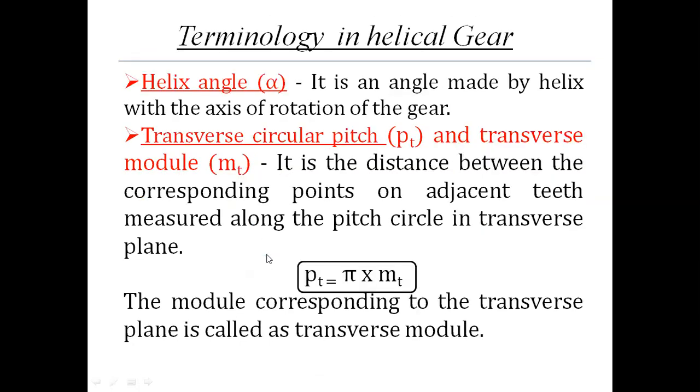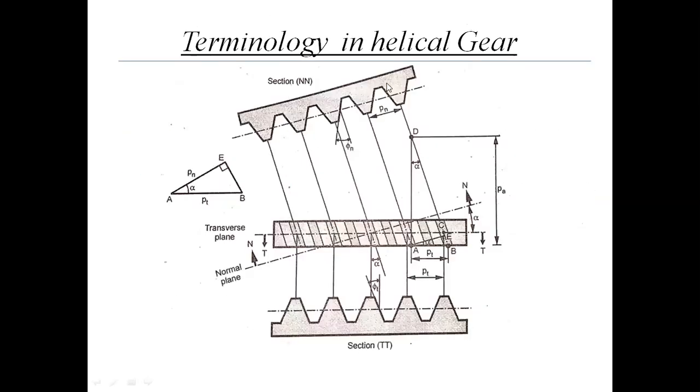So this is the normal plane, and this is the section taken along the normal plane. What is the definition? The corresponding point on adjacent teeth.